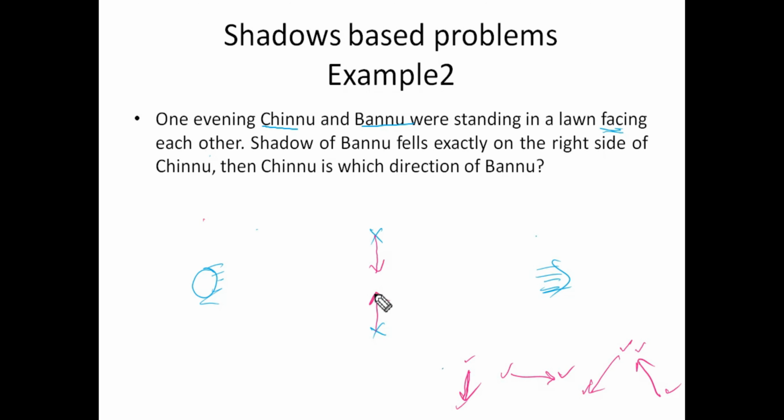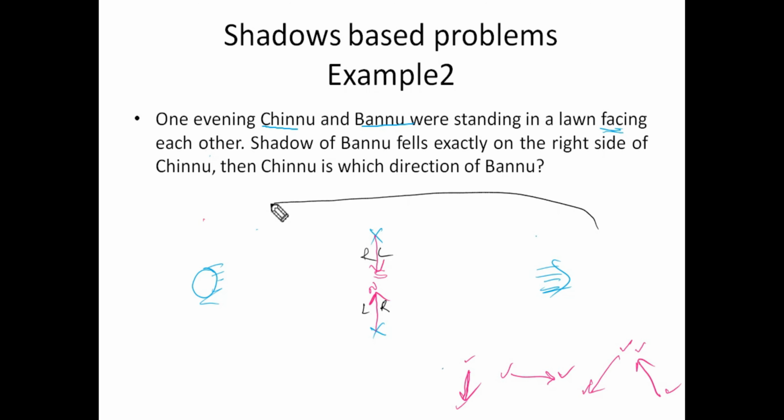Based on this line and arrow, in which direction is this person facing? Yes, north. And this person? Yes, south. For a person facing north, this is the right side and this is left. For a person facing south, this is right and this is left.